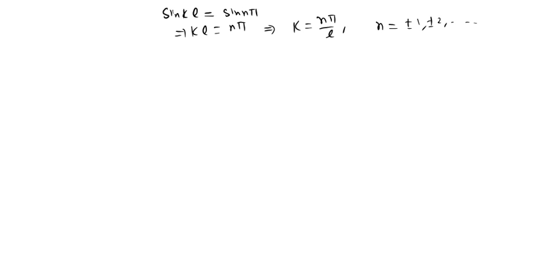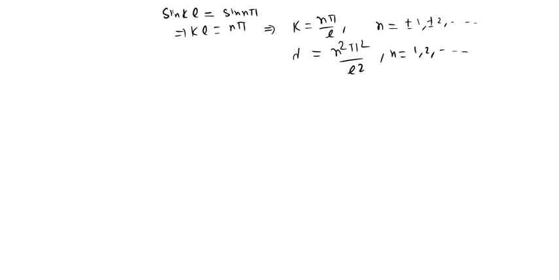And further, sine kL equal to 0 means this is sine of n pi, so this implies kL equal to n pi. So k equal to n pi by L, and n is plus minus 1, plus minus 2, etc. But when you write lambda, lambda will be k square, so n square pi square by L square, where n is 1, 2, 3, etc.